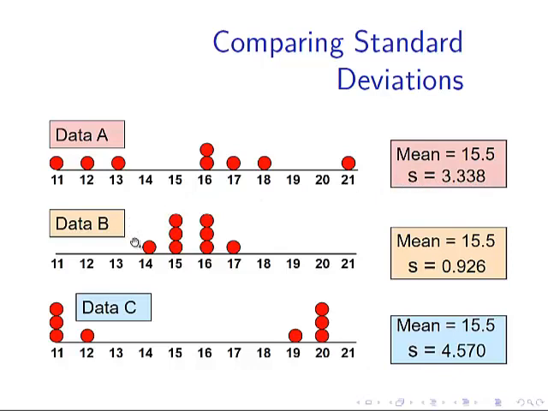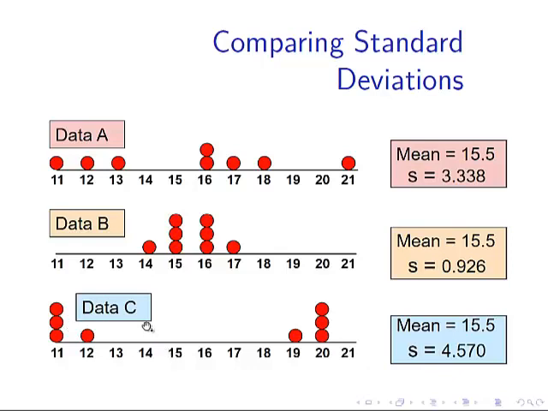Data B consists of the numbers 14, 15, 15, 15, 16, 16, 16, and 17. The mean for this data is again equal to 15.5 and the standard deviation is calculated as 0.926.